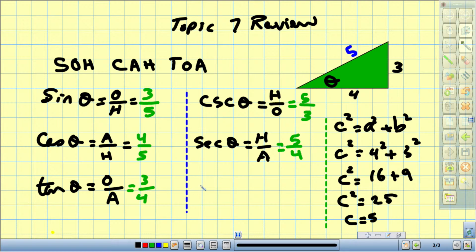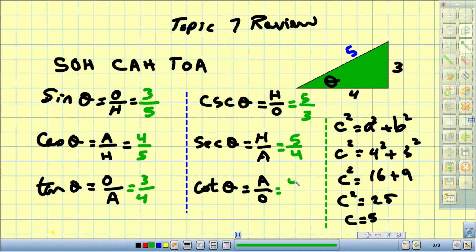And one last one. Cotangent is tangent's cousin, and again it's the reciprocal of, or 1 divided by, the tangent. And this is going to be adjacent over opposite, which to me is what? What is our cotangent here?